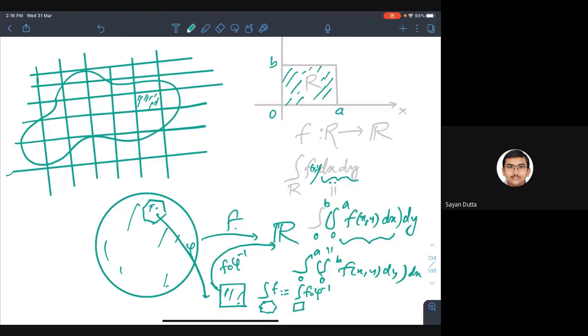So one can define it this way, and then you cover the surface up, and for each such piece you get such an integration and sum it up to get the integration on the whole. That is the idea behind integration for general surfaces.